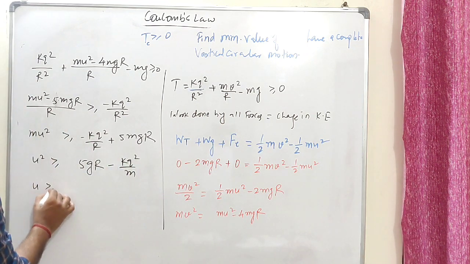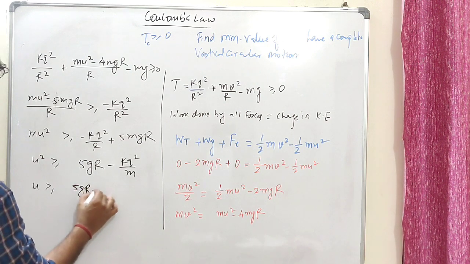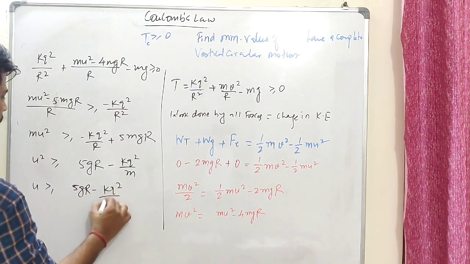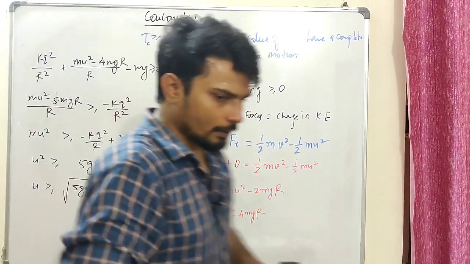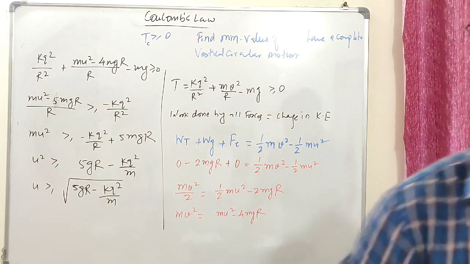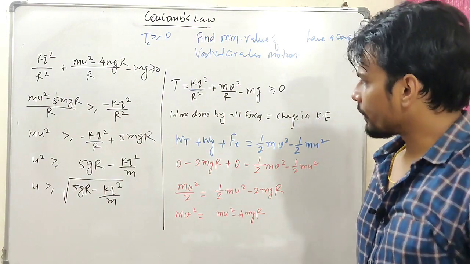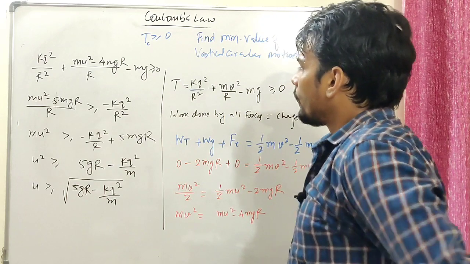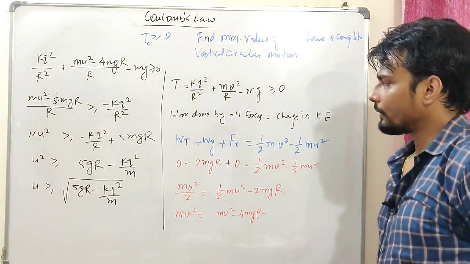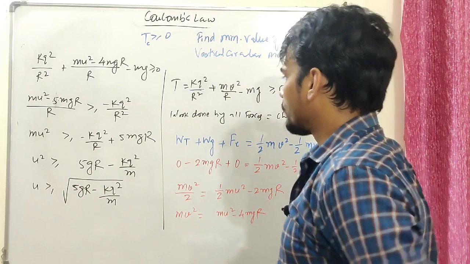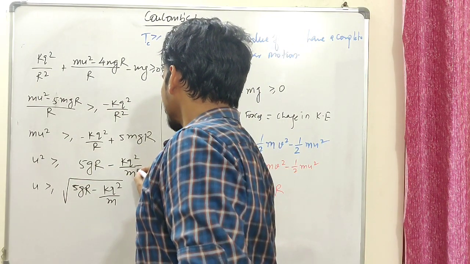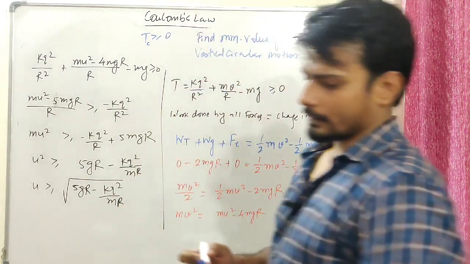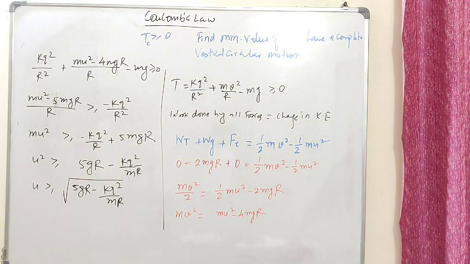So u should be more than the square root of 5gr minus kq square over m. So the minimum velocity should be how much? Fair enough? I think everything is okay. Okay, yeah, there is something, this r should be there. I just missed out this thing. So it should be 5gr minus kq square by mr.